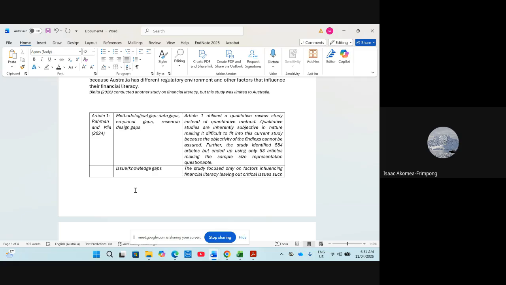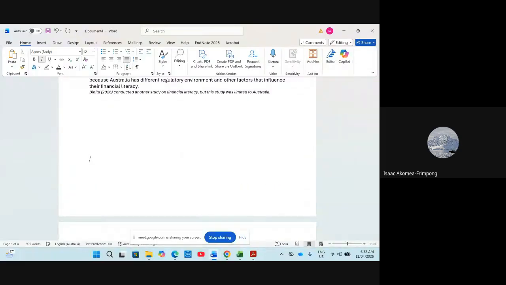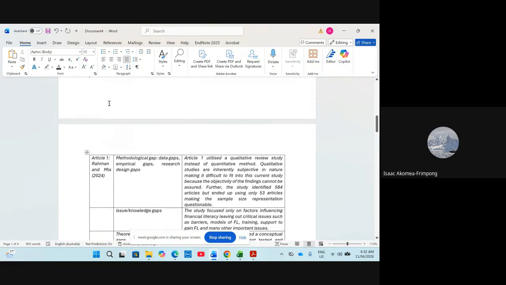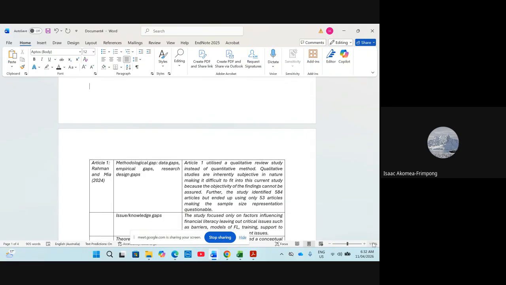I expect you to base your study on at least 10 papers, and I'm going to help you out today. So just create an Excel sheet. I'm saying this again, create an Excel sheet. I want to put this table in a different section so that you see it well.